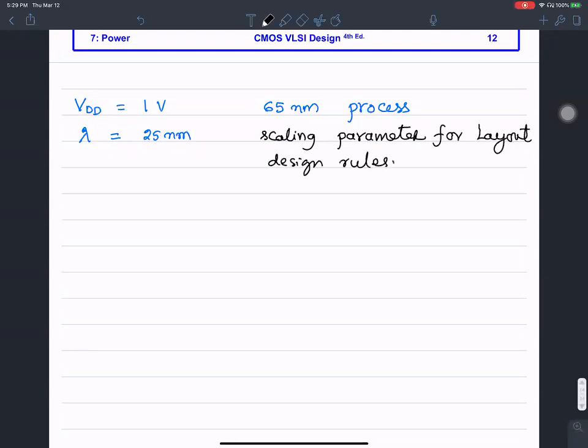It's useful for layout design rules, also called lambda-based rules. It is a scalable parameter that characterizes the process technology.